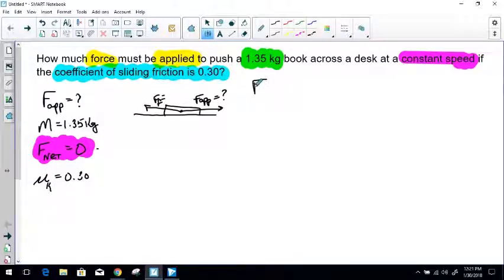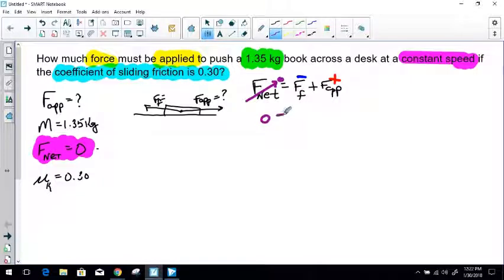So when I know the net force is 0, the equation looks something like this. F net equals the force of friction plus the force applied. You'll notice that the force applied is in the positive direction. So we have this positive here, and the force of friction opposes that, so it's in the negative direction. This is 0. So this goes to 0.